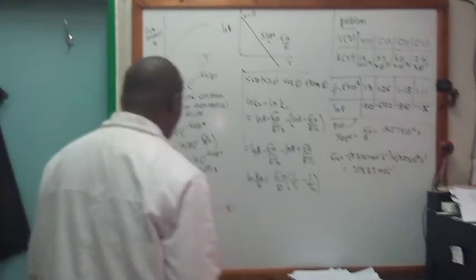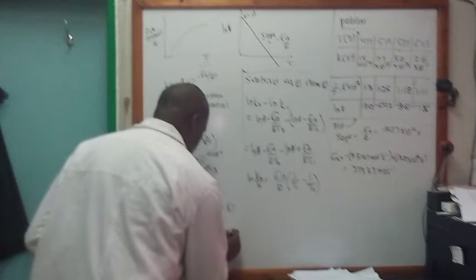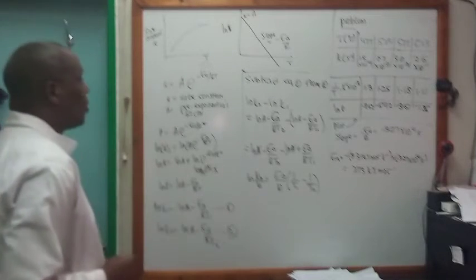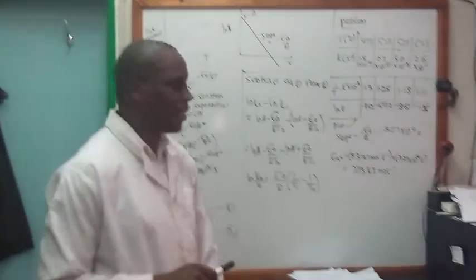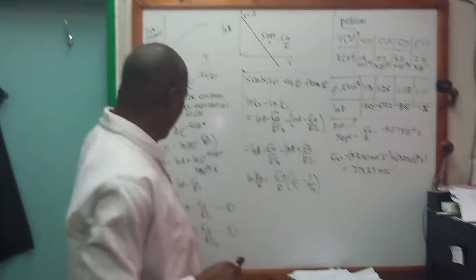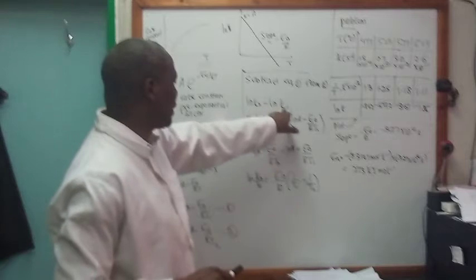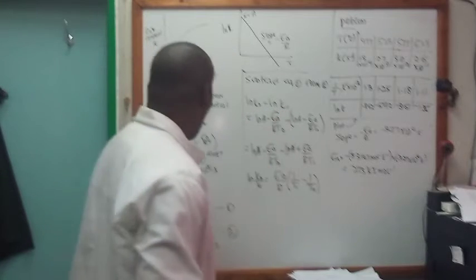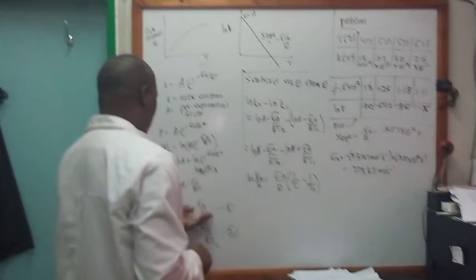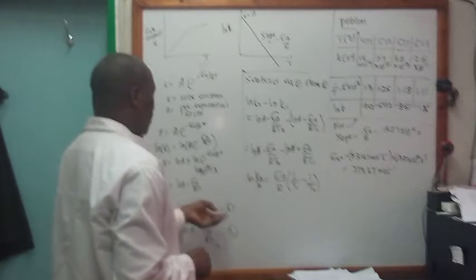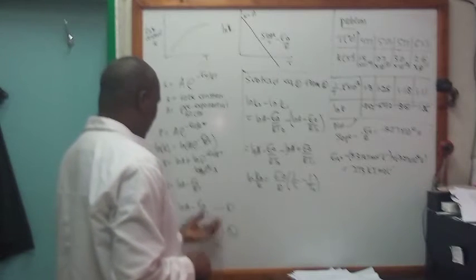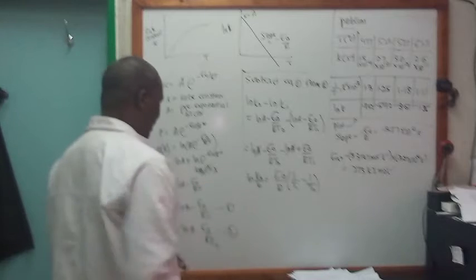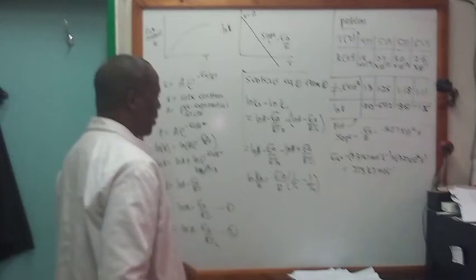So let me put this one as equation 2. I want to subtract equation 1 from equation 2. So there will be ln k2 minus ln k1 equals the right-hand side, equation 2 minus equation 1.